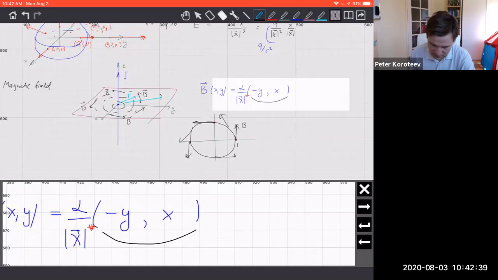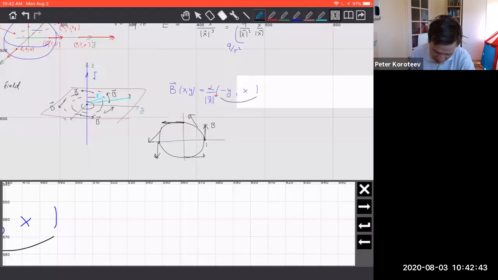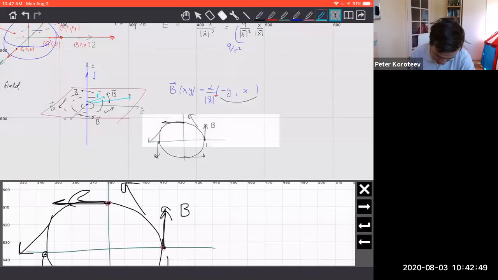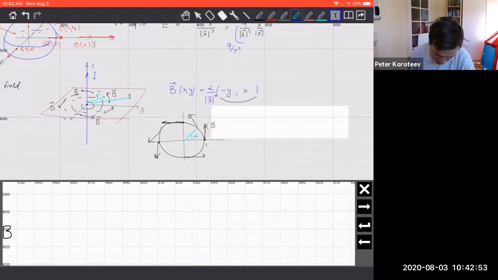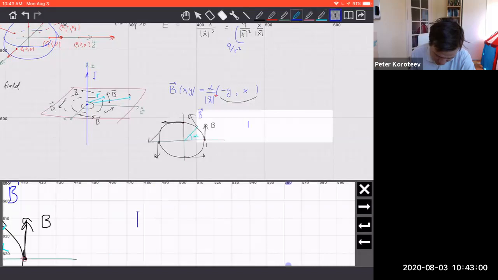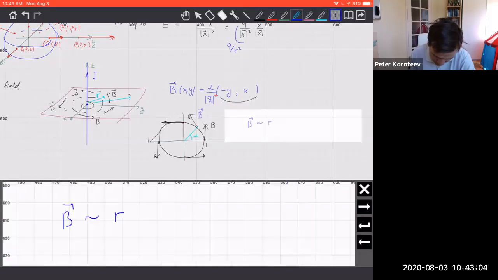So another reason to understand why this is true is that we can divide it by r and write it in terms of sine and cosine. If this is angle alpha, you'll have this vector here with components proportional to r times minus sine alpha, cosine alpha.